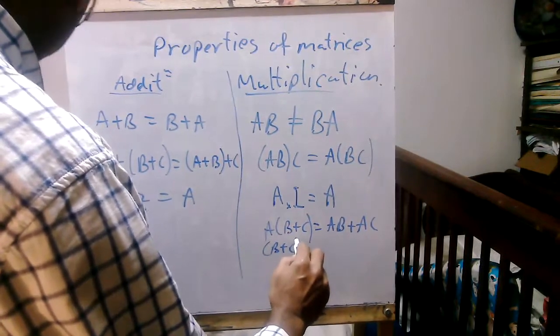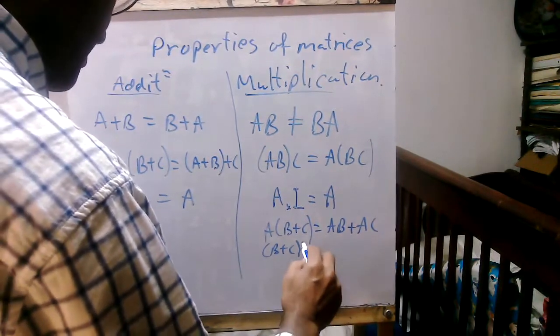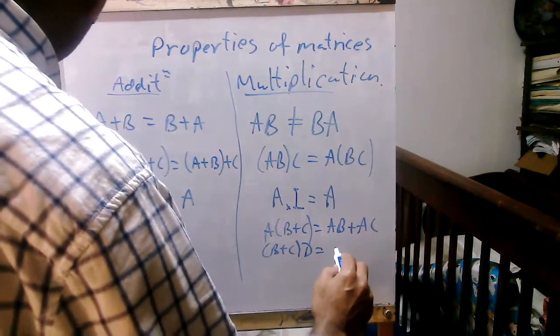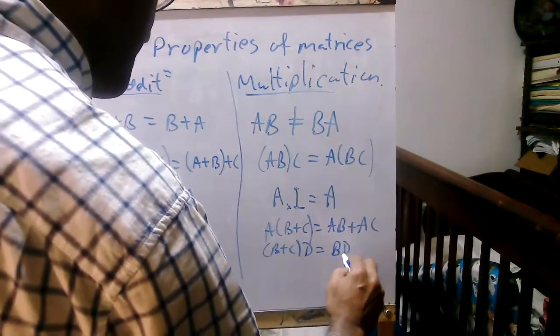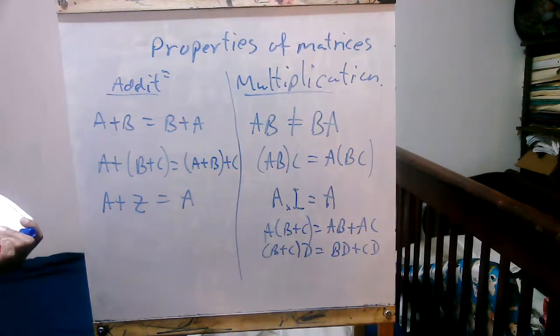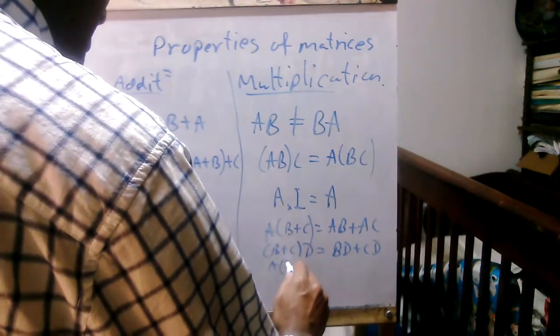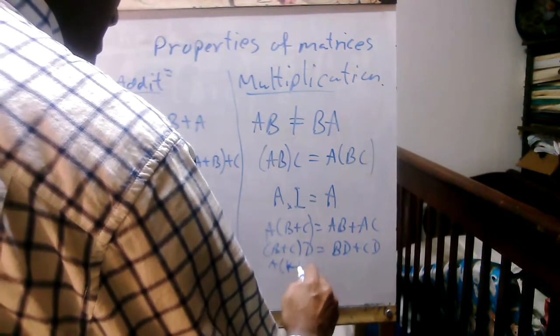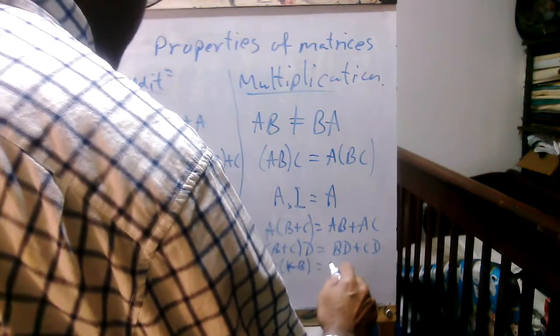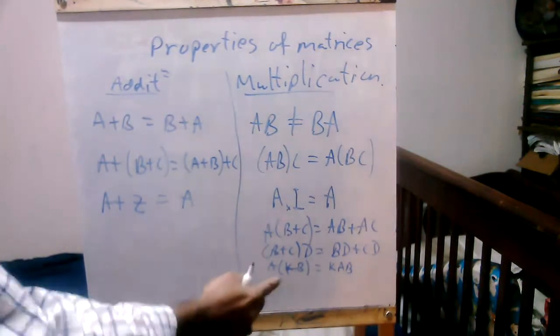B plus C times D equals BD plus CD. A times KB equals KAB, here K is a scalar.